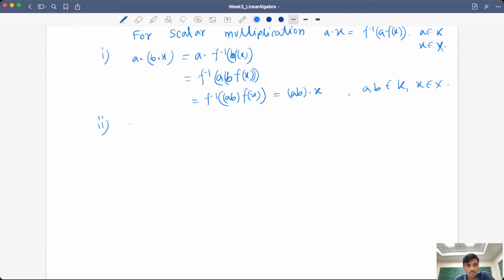Similarly for (a plus b) dot x, this is just again using the plus operation in V, because everything is satisfied there, so it is f inverse of (a plus b) fx, but this I can take as f inverse of a fx plus b fx, right?